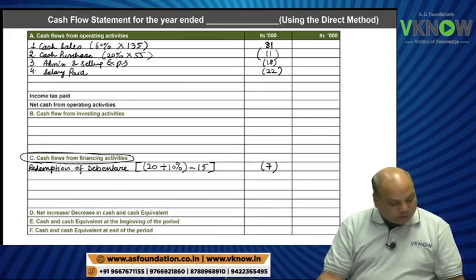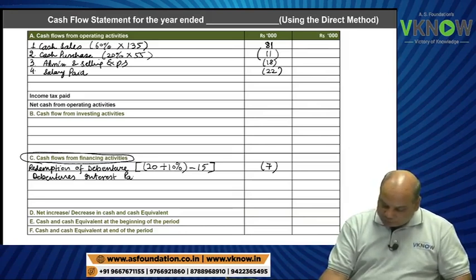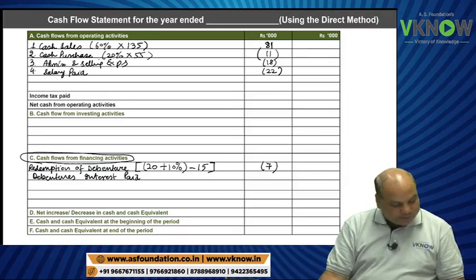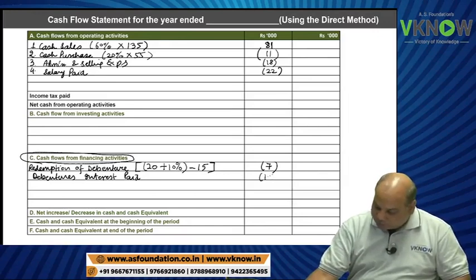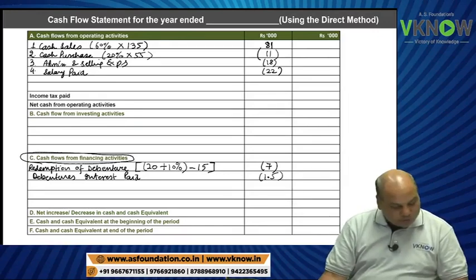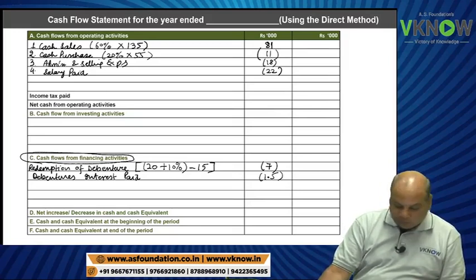Debenture interest paid during the year was 1.5 crore. Financing activity again, debenture interest paid. How much is debenture interest paid? Debenture interest paid is 1.5 crore. Dividend paid during the year was 11.7 crore.